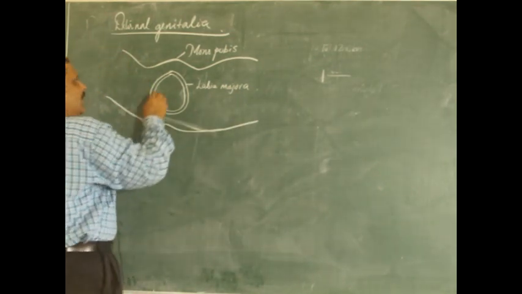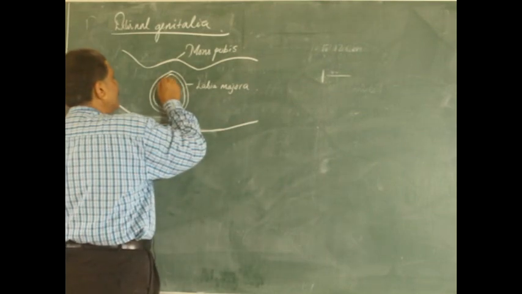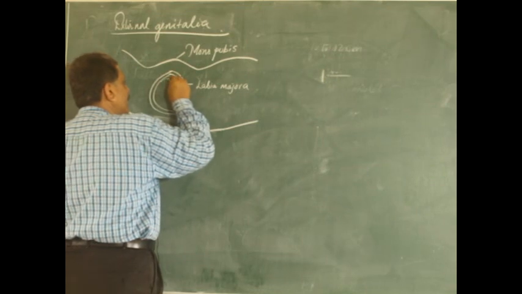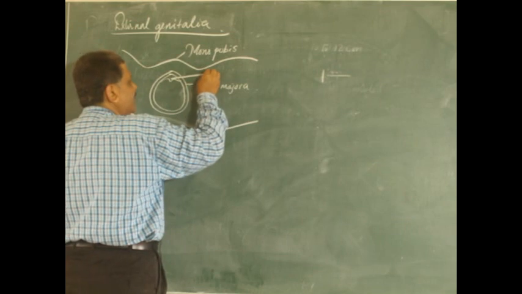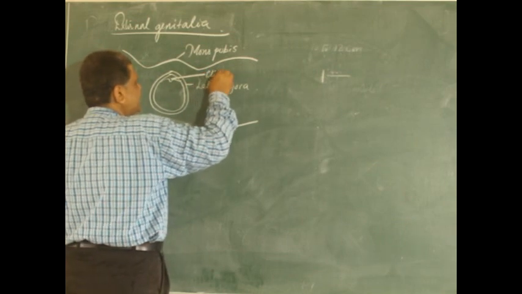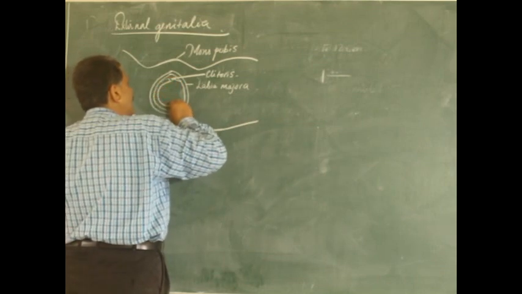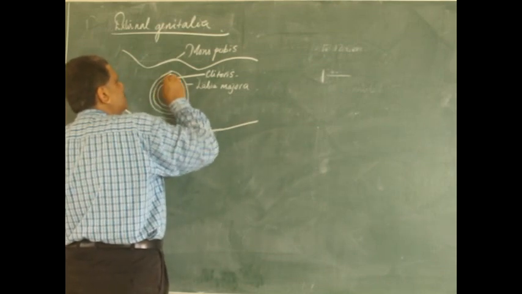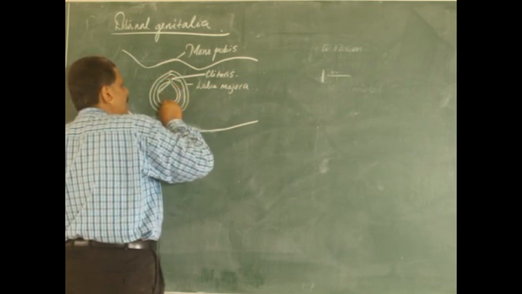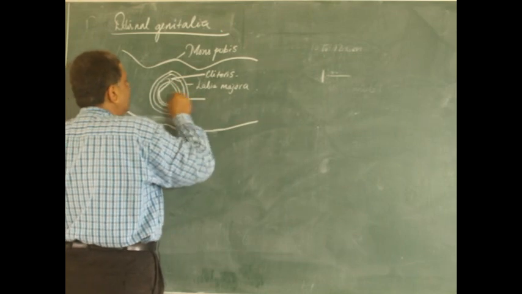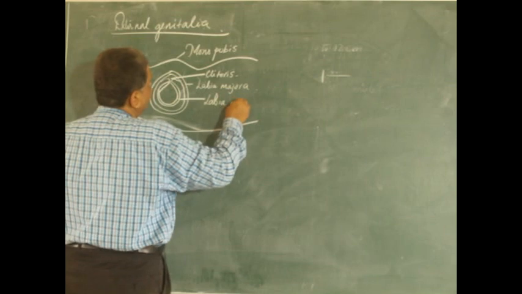And the next portion, here you can see the small finger-like projection that is called clitoris, and this part is another fold that is called labia minora.